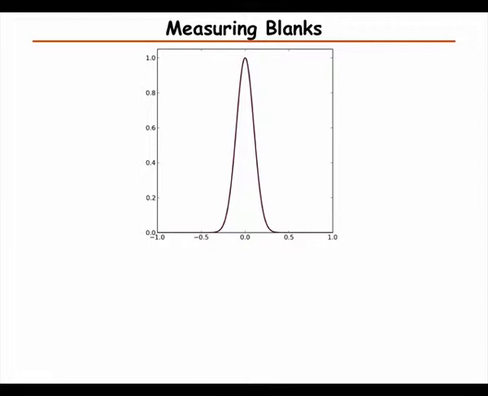So the first thing is to measure blanks. We don't add any analyte in. Hopefully we have a system where we don't have any analyte that we measure, so we want to see how much interference there is from other things. One basic assumption could be that these measurements are going to be normally distributed.